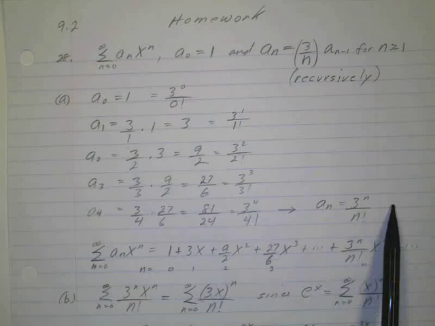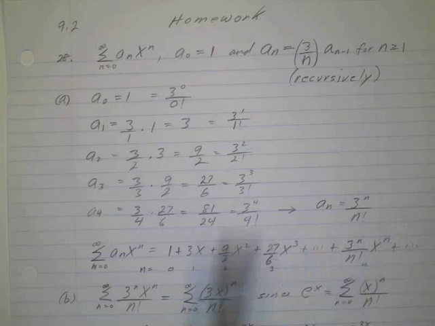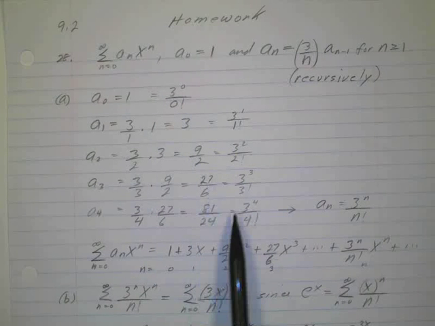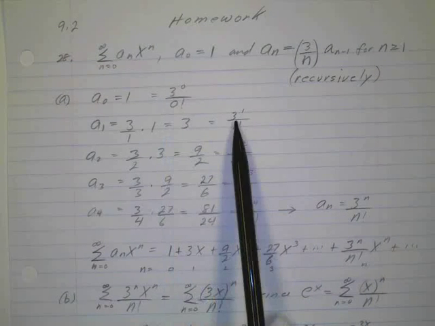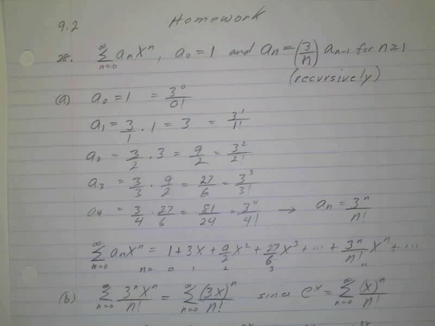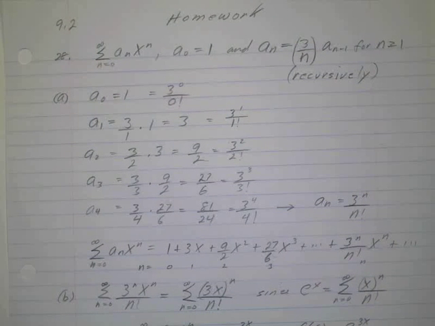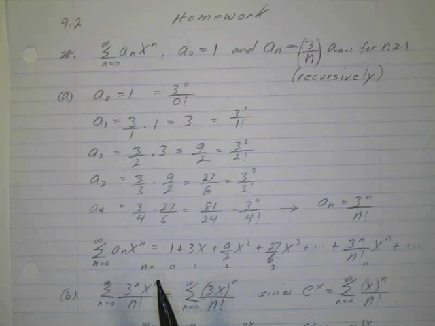So I actually found the general term, a sub n. It looked like it was 3 to the n, 3 to the 0, 3 to the 1, 3 to the second, 3 to the third, 3 to the fourth, over n factorial, 0, 1, 2, 3, 4 factorial. So that worked out pretty good. So this was the summation. I wrote out the first four terms thusly.